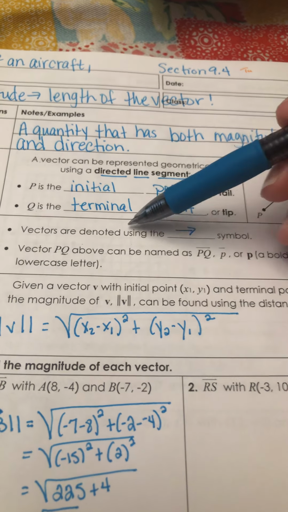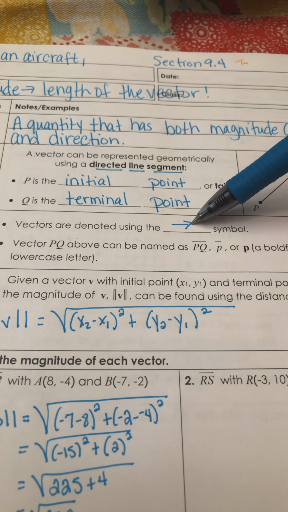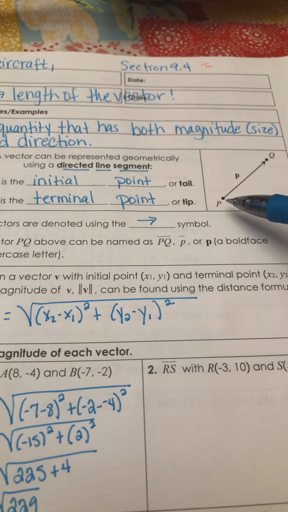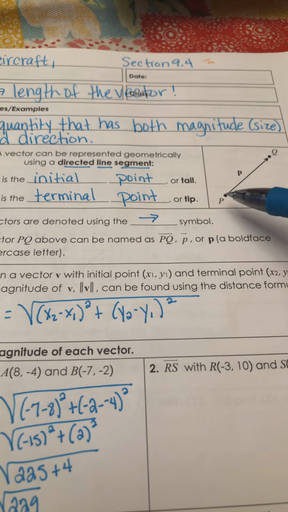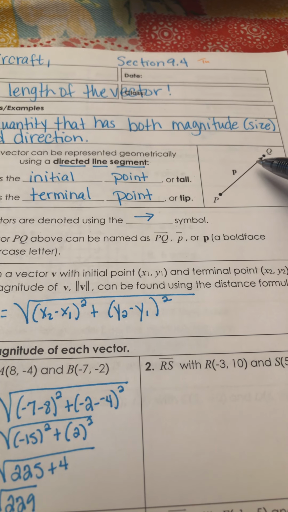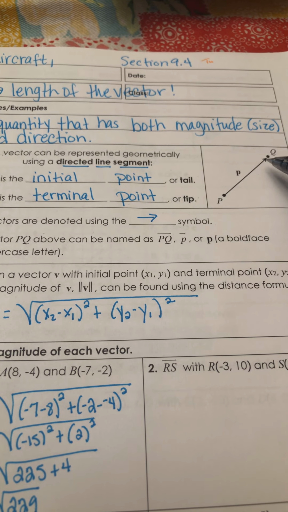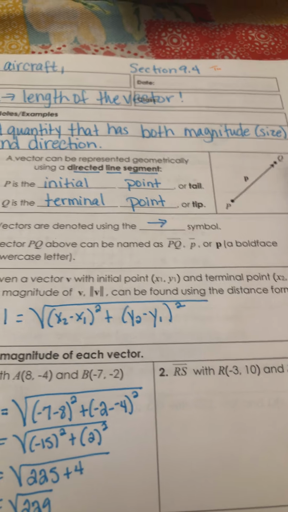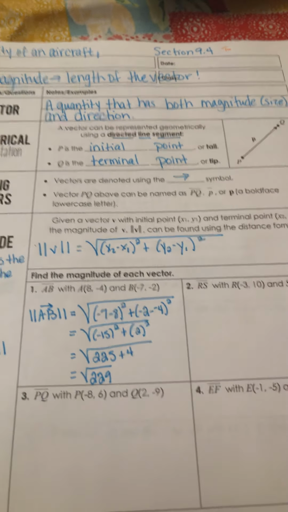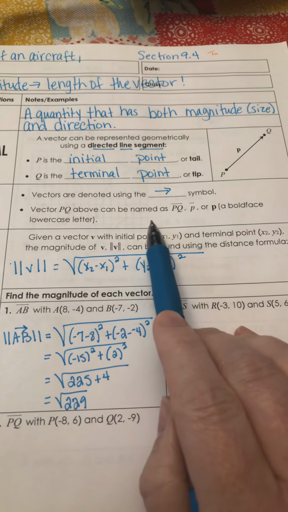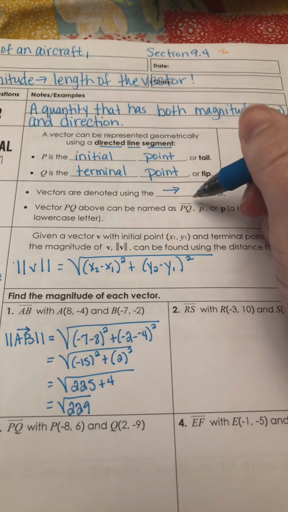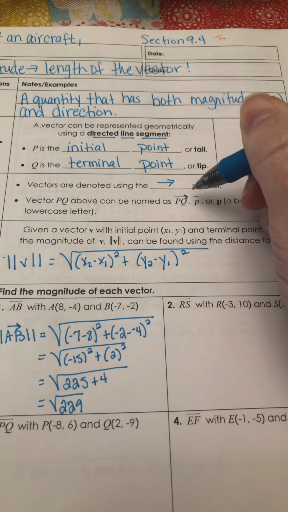Vectors are denoted by an arrow. It looks exactly like your vector. It's a line with one arrow, which tells the direction of the vector. Vector PQ can be named PQ with a little arrow above it.